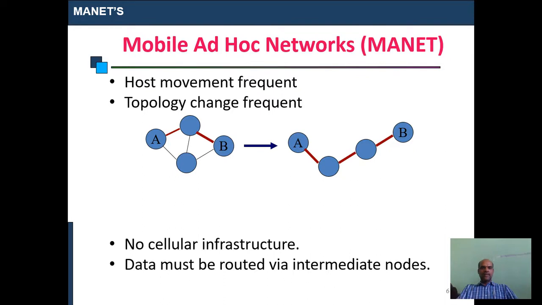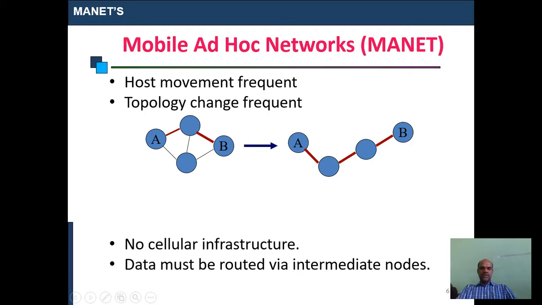When it comes to mobile ad hoc networks, host movement is very frequent and the topology changes very frequently. No cellular infrastructure is required and data must be routed via intermediate nodes. If you consider node A and node B, there is frequent movement of these nodes.